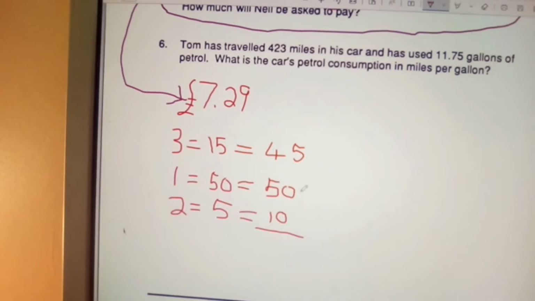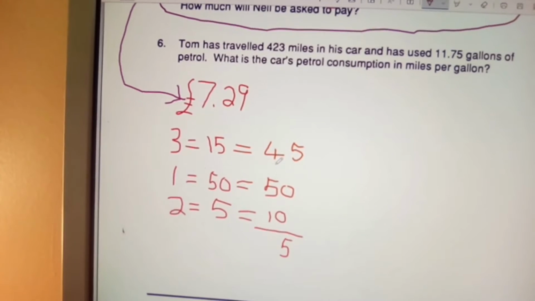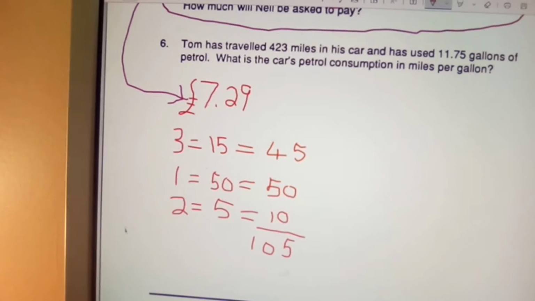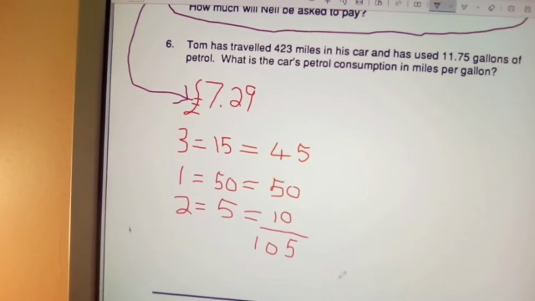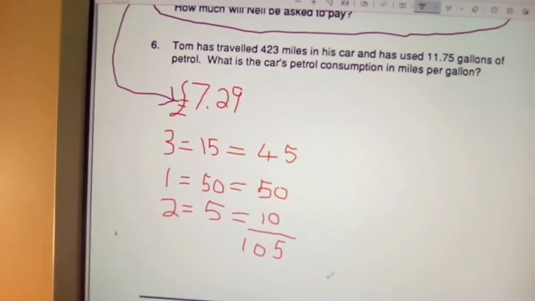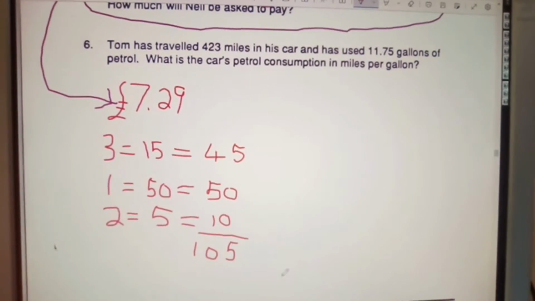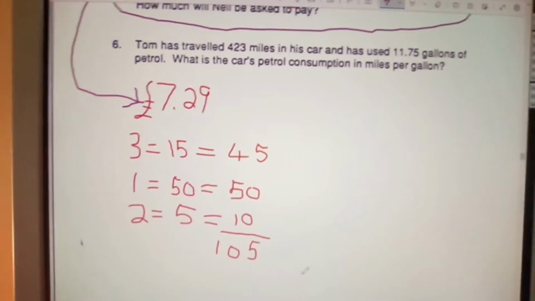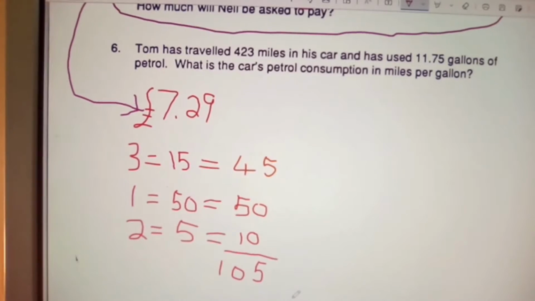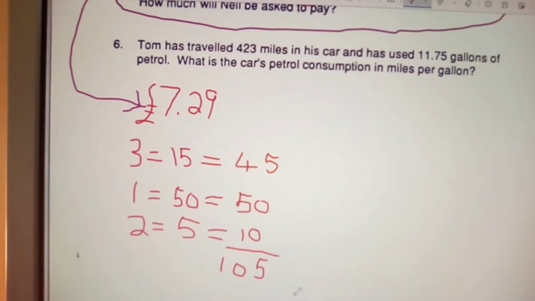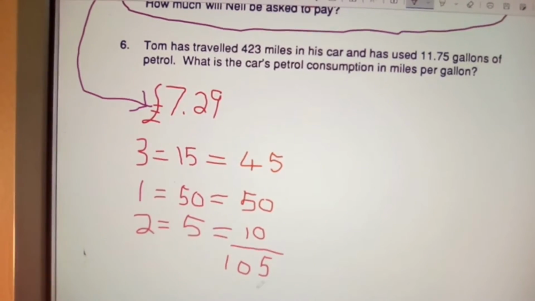What do we have? 0, 0, and 5 is 5. 5 and 4 is 9, and 1 is 10. That's £1 and 5 pence we have.